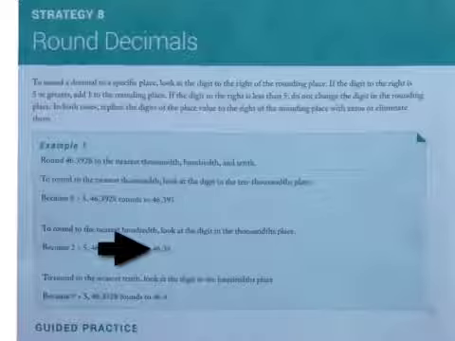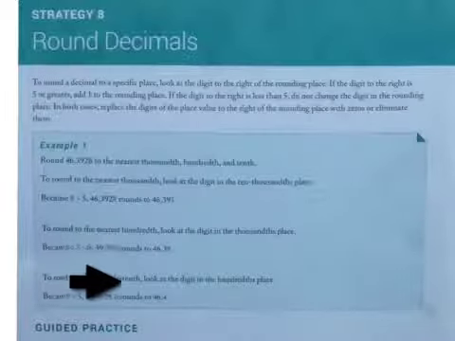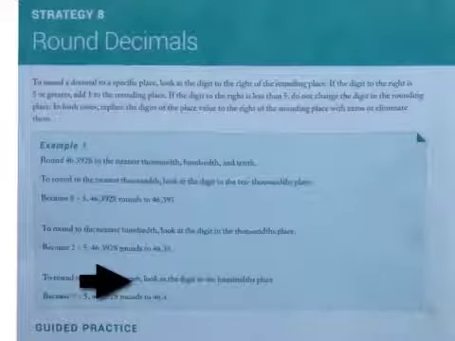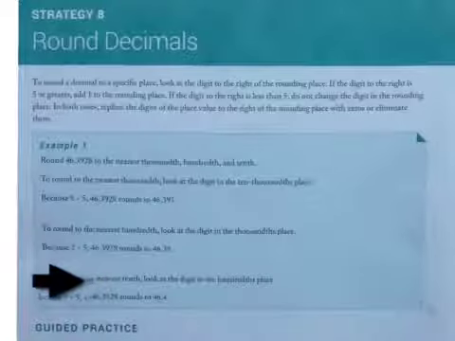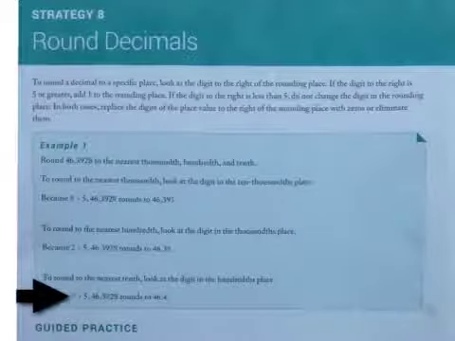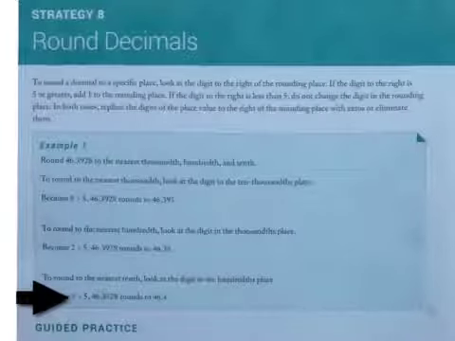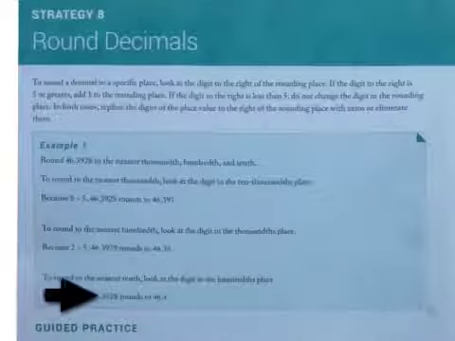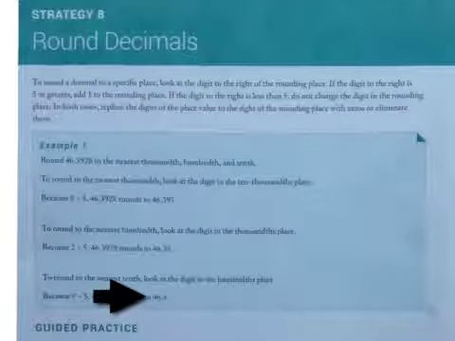It's just going to stay the same. So we're going to round to the nearest 10th. We're going to look at the digit in the 100th place. And in our 100th place is a 9. And that 9 is greater than 5. So this is going to round to 46.4. We're just going to eliminate the rest of the numbers.